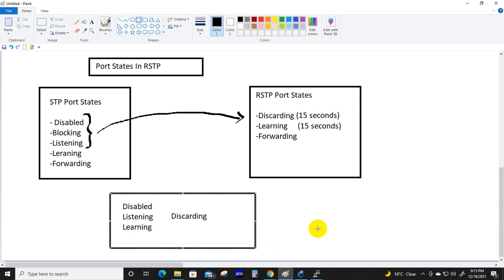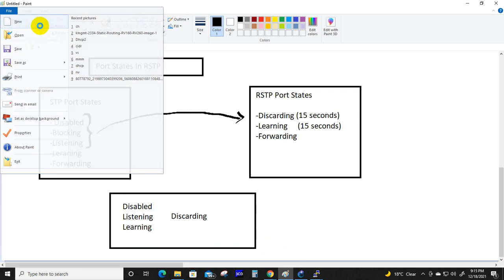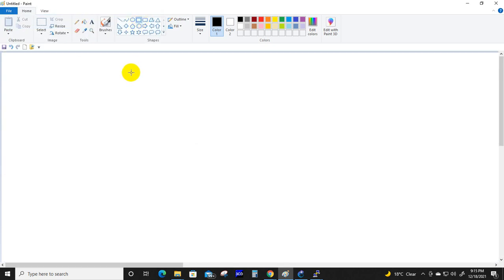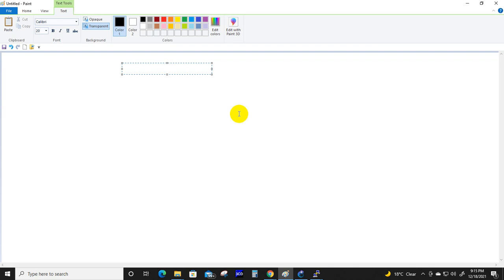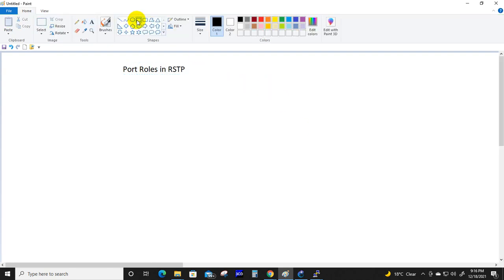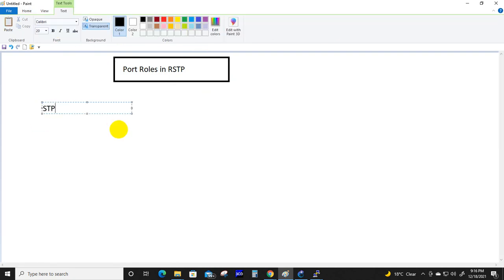Now let's discuss port roles in RSTP. In STP we have the designated port, which is always in forwarding state.